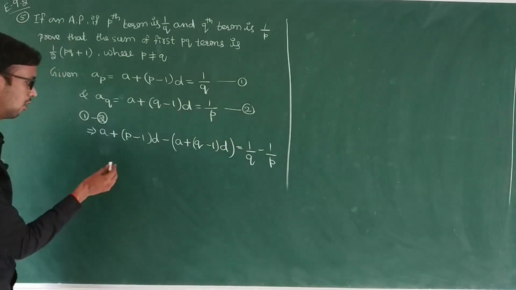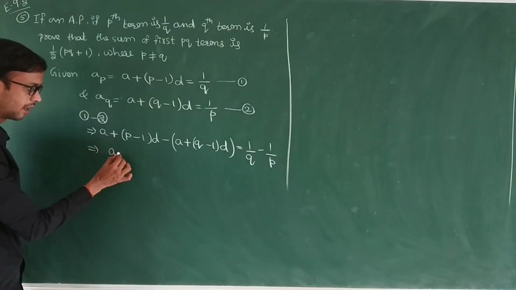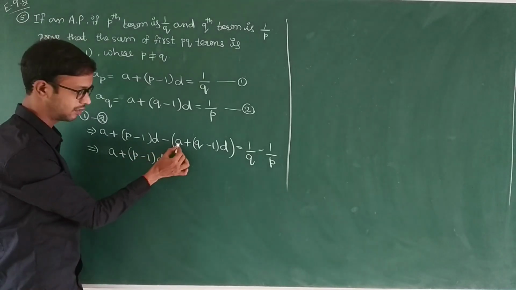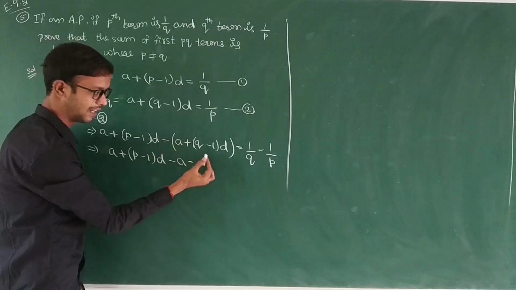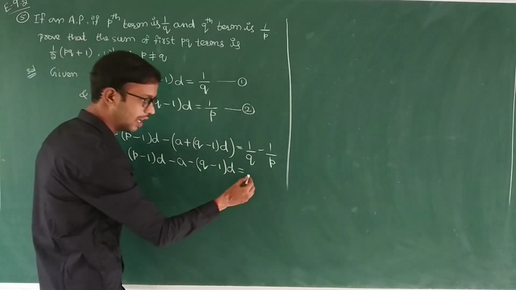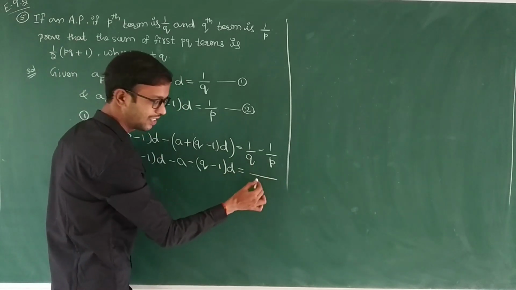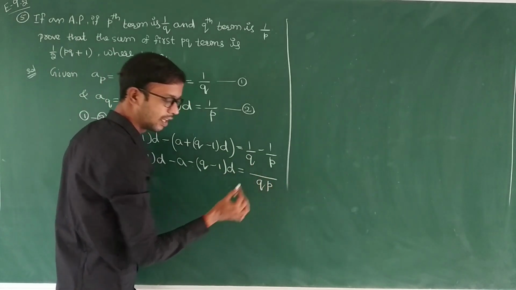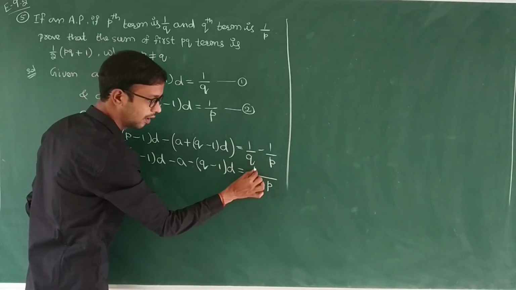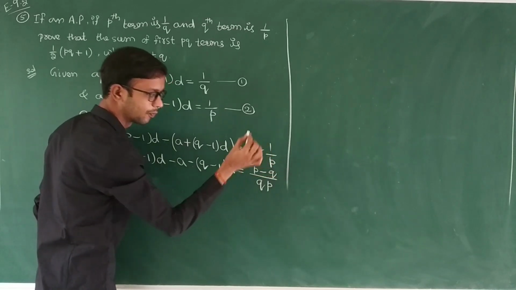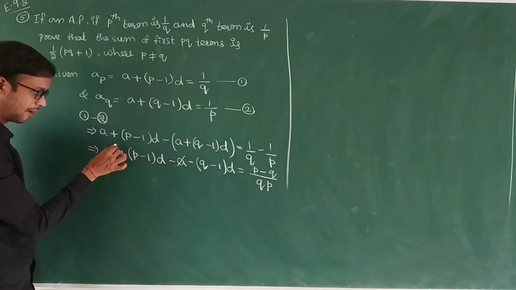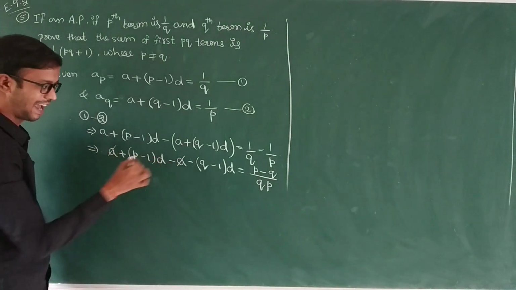Now I will simplify this one. Minus into plus is minus, minus into minus is plus. Take the LCM here. QP is the LCM, cross multiply, p minus q. LCM taken.